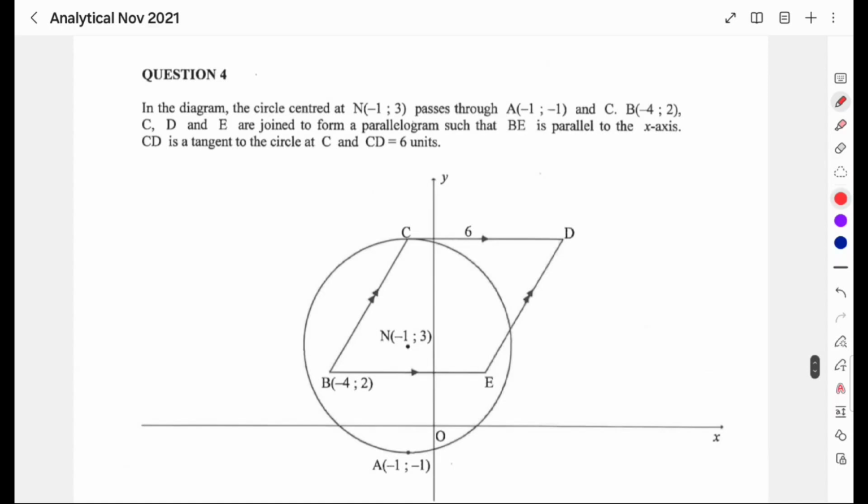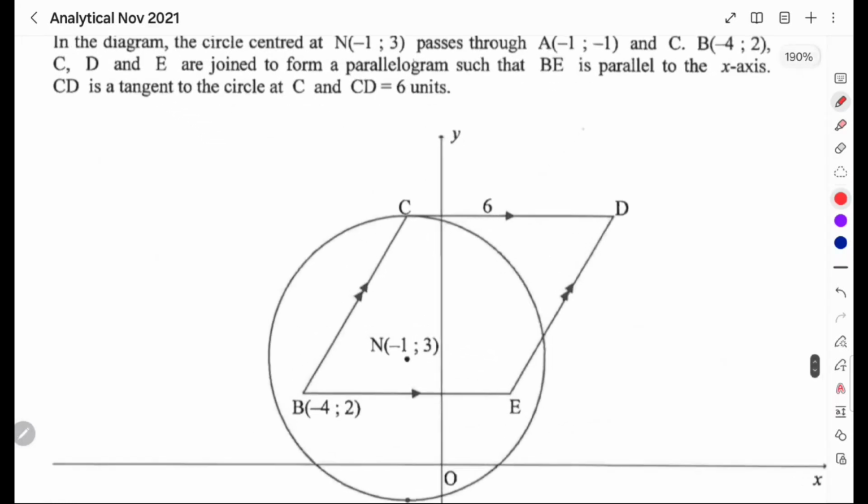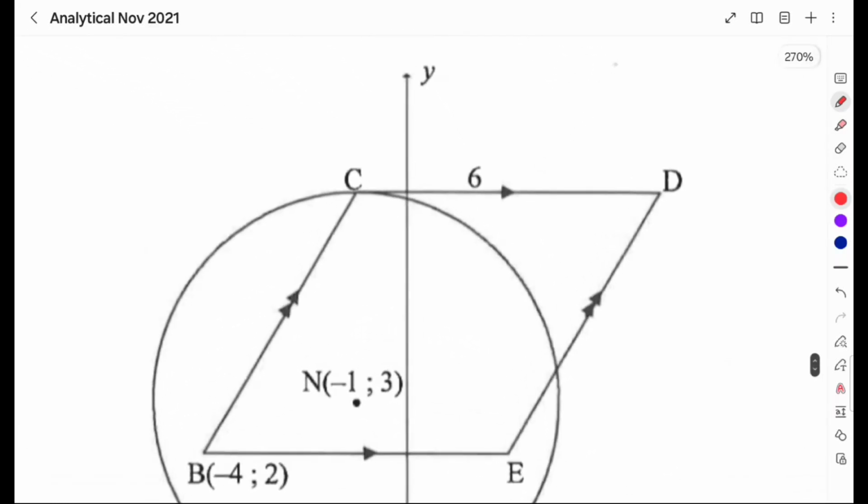So if BE is parallel to the x-axis, and we know that BE is parallel to CD, that means that CD is also parallel to the x-axis, meaning that CD is a perfectly horizontal line.